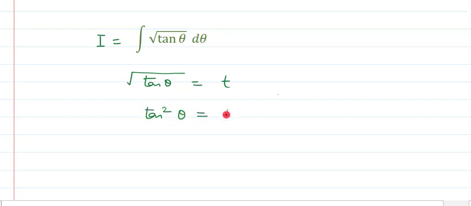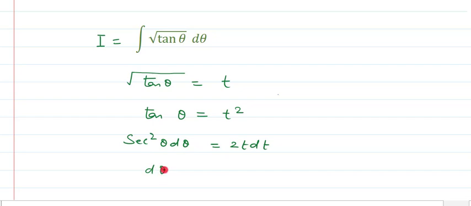by squaring both sides, tan theta is equal to t square. Now let us find out its differentiation, which is secant square theta d theta is equal to 2t dt.